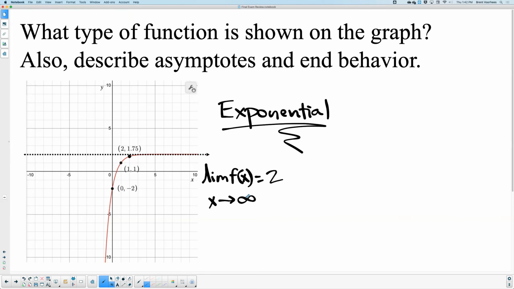Okay, and then what about this other limit over here? What's happening to the y's? They are falling. And what's happening to the x's? They're going left. So, like I said, every exponential, the domain is all reals, so your limits will be from negative infinity to positive infinity.